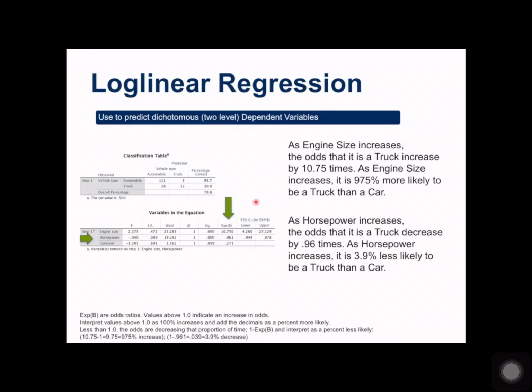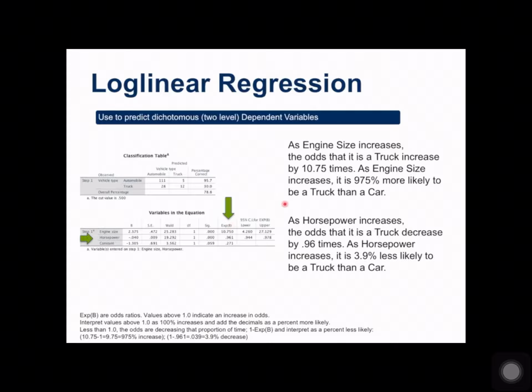And when we do that, we're able to make interpretations in log linear regression or logistic regression such as this. As engine size increases, the odds that it is a truck increase by 10.75 times. Or you can get this interpretation: as the engine size increases, it's 975% more likely to be a truck than a car, at least it is in this model.